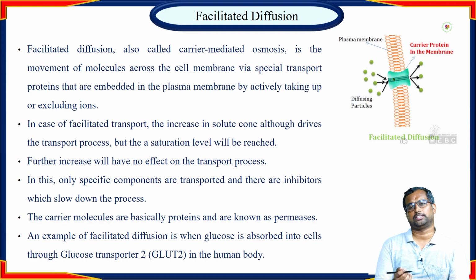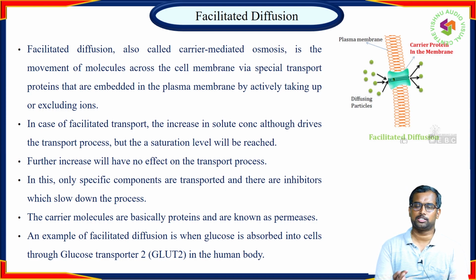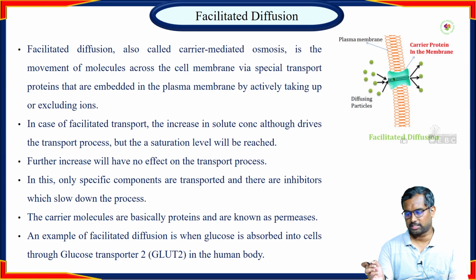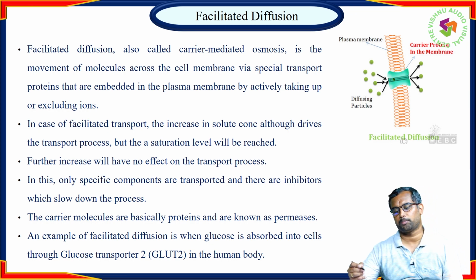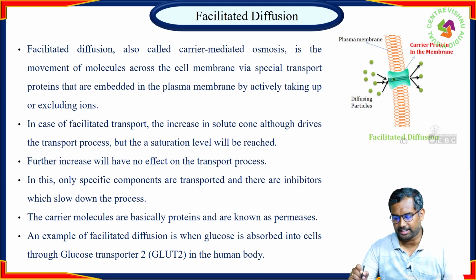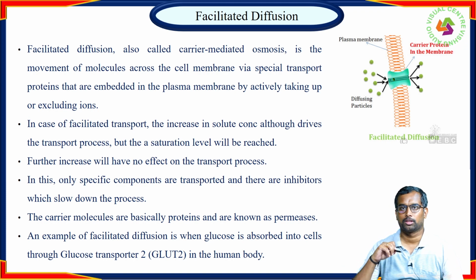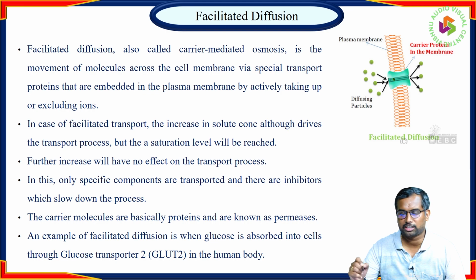Facilitated diffusion is the movement of molecules across the cell membrane via special transport proteins that are embedded into the plasma membrane, actively taking up or excluding ions. In facilitated diffusion, an additional component layer is present within the system.